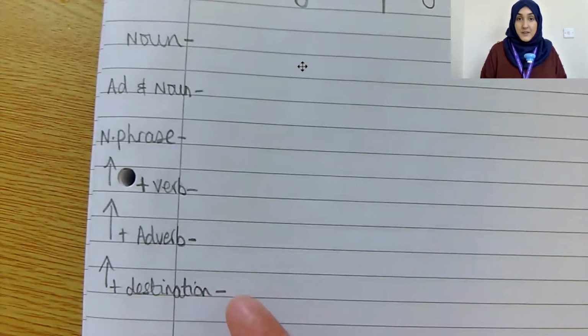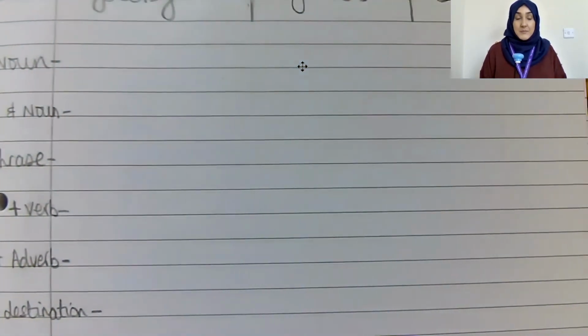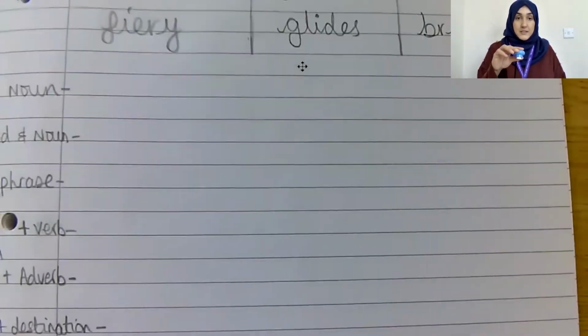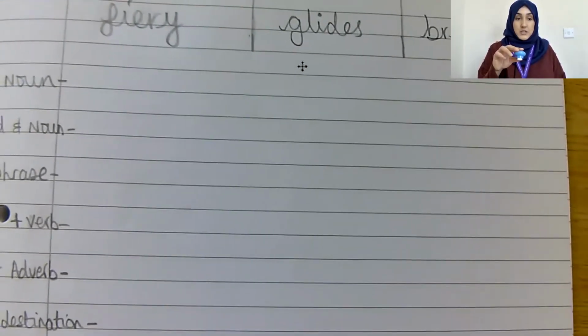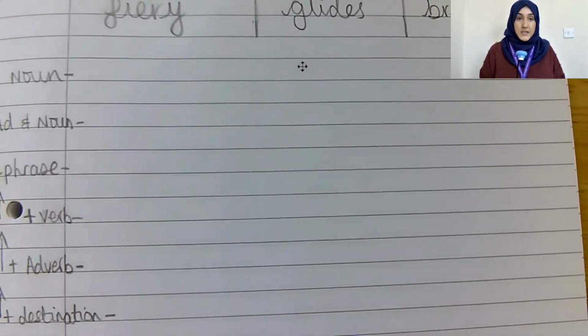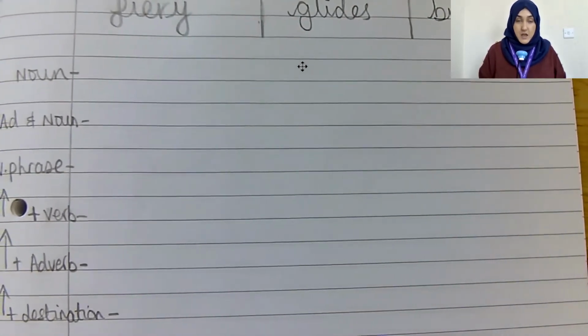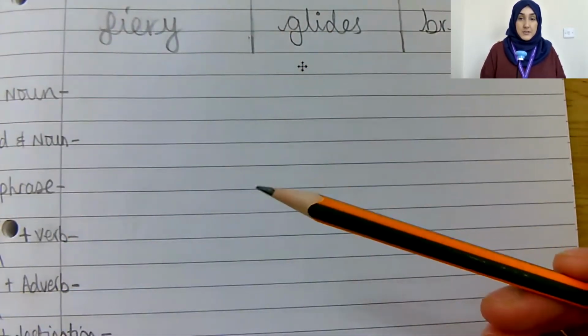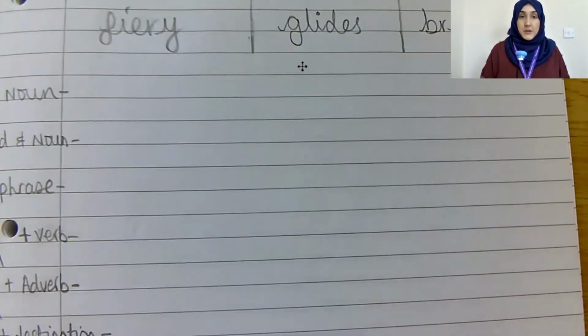Okay, so are you ready? Let's begin. My first sentence. Now, when you have your piece of paper, I'm going to leave it like this a little bit so you can see what I'm doing. The first thing is I need to write my noun. I am going to grab a nice sharp pencil, as you can see, and I'm going to write my noun, which is rocket. That is my object that I have chosen in space.